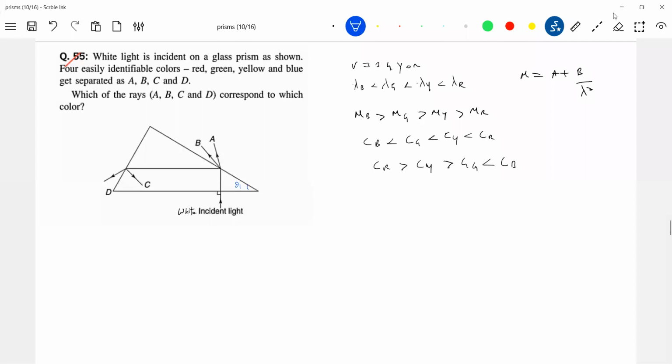Theta 1, I'll take it. Theta 2. This is a normal. This should be the angle of incidence. No doubt, this should be the angle of incidence. So definitely the theta 1, which rays will be the critical angle for, I think A and B should be the red and yellow, no?